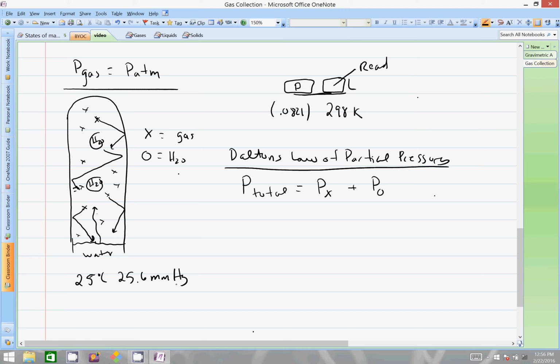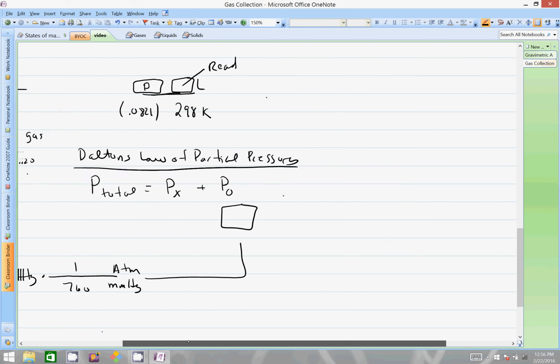Okay. Now, at some point, you might ask, what does that mean? That means, in this case, if the total pressure is in millimeters of mercury, I would get into atmospheres, because that's what I'm usually using, get rid of millimeters of Hg, and go to ATMs. 1 ATM is 768 millimeters of mercury, and then this pressure goes right here. That is the pressure of the water.